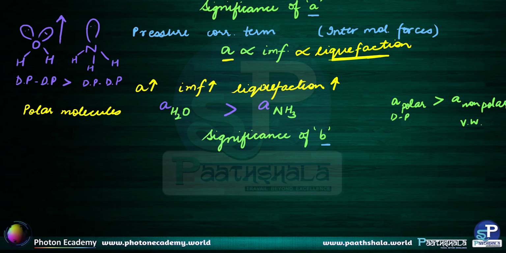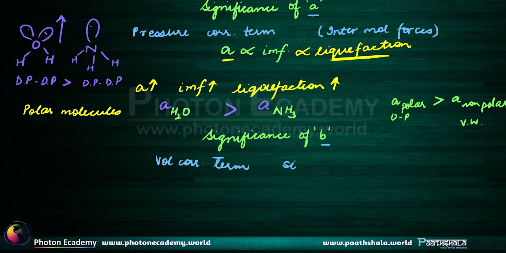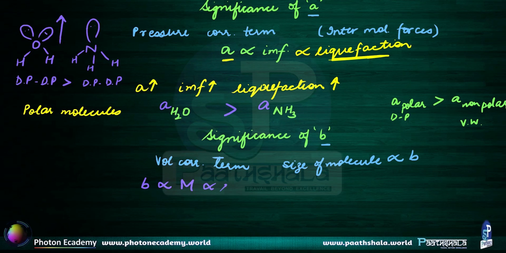Next, let's move to the significance of B. If you remember, B was the volume correction term. So we can say that the size of the molecule will be proportional to B. Greater the size of the molecule, greater the correction we would have to apply. Therefore, B will be proportional to the molecular mass and to the size.